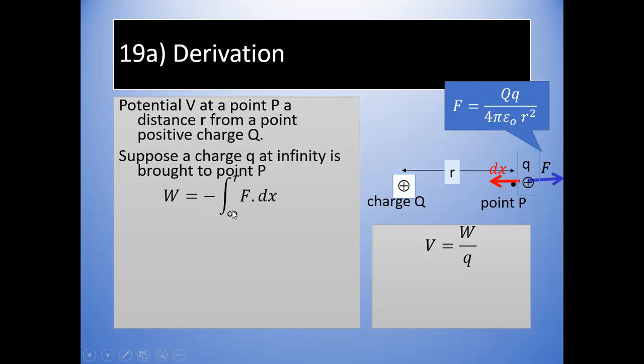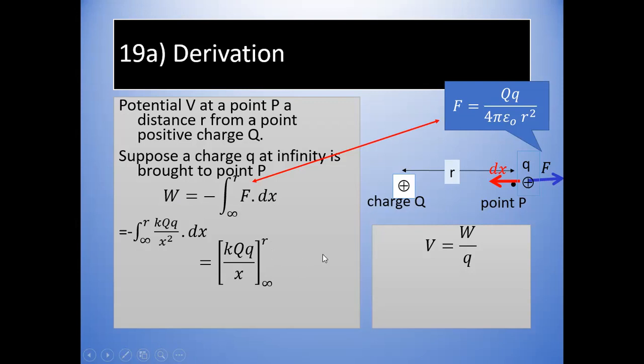And then we integrate from infinity to R. Now to derive it, we replace that force with this formula, Coulomb's law. And then we just integrate it. There's a negative from here, it becomes positive.